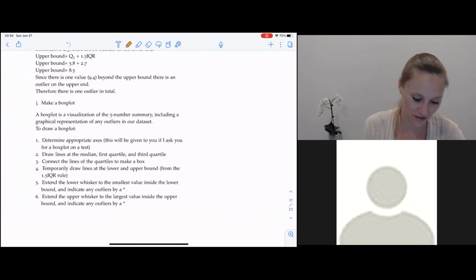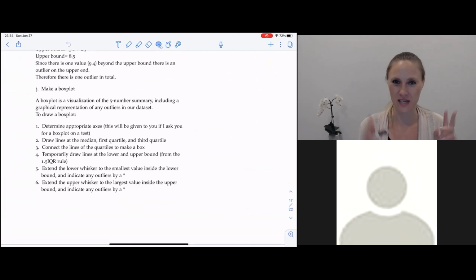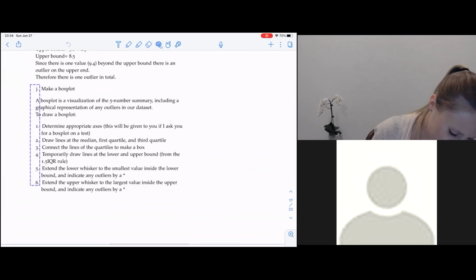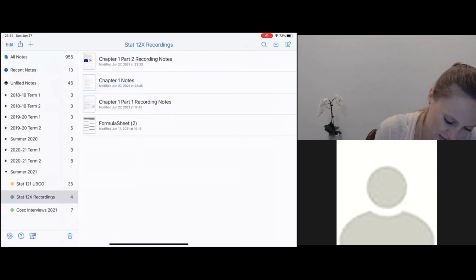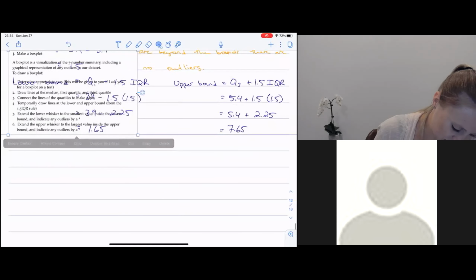Okay, so we're on to the very last thing that we want to do for this example, and that's make a box plot. We're just going to look at a box plot and talk about the anatomy of a box plot. So I'm going to bring in these rules, these guidelines here.